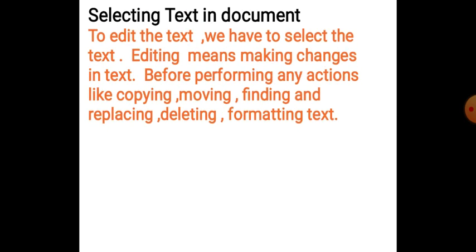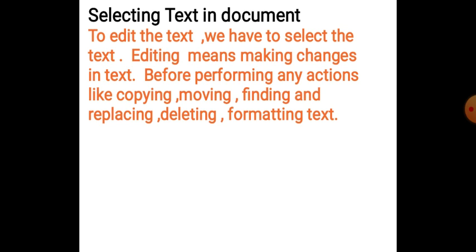Next work. After inserting text, if we want to do some editing, we have to select the text in our document. Okay children, what is the meaning of editing? Editing means making changes in the text. Like we can copy text, we can move text from one place to another place.